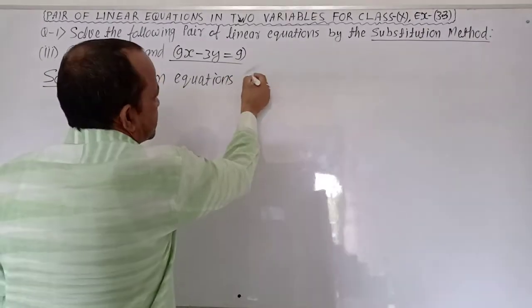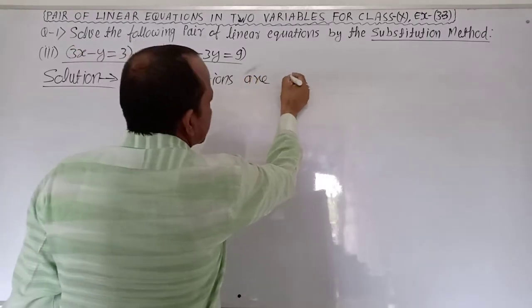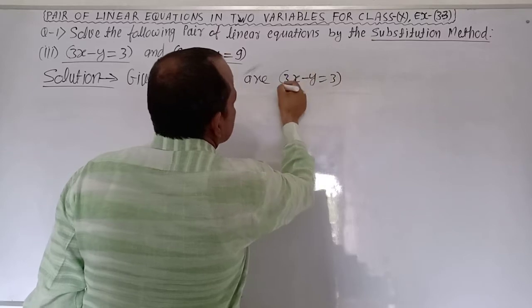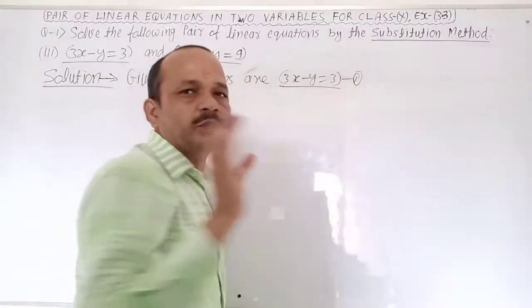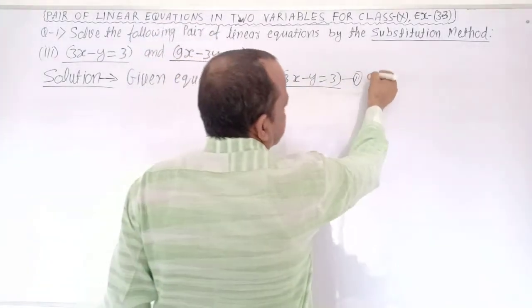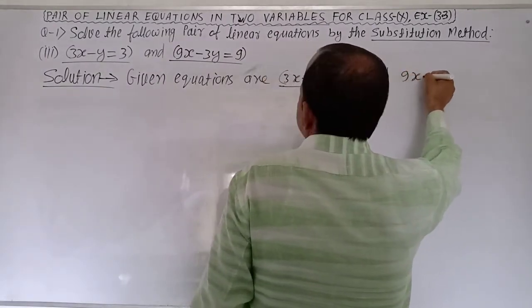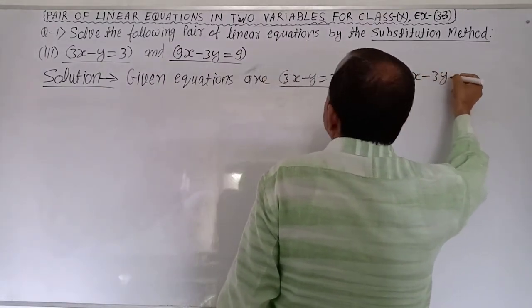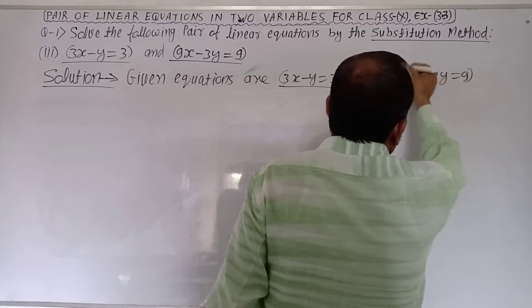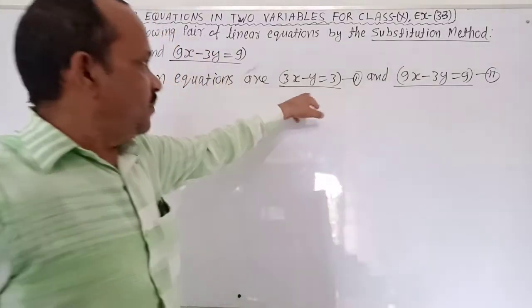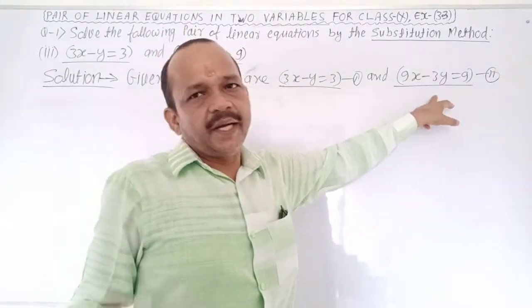Given equations are 3x minus y equal to 3, equation first, and 9x minus 3y equal to 9, equation second. It is clear.